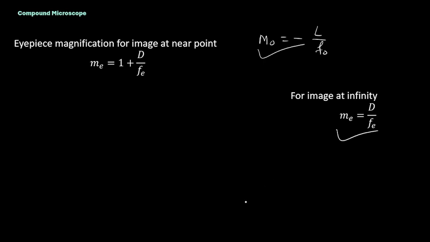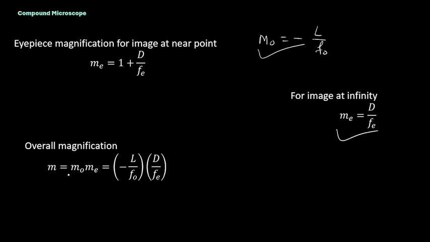Mathematically, the total magnification is the product of these two magnifications, one by objective and other by an eyepiece. So total magnification is the product of objective magnification and eyepiece magnification, which finally gives us the formula for magnification by a compound microscope, negative L D upon FO FE.